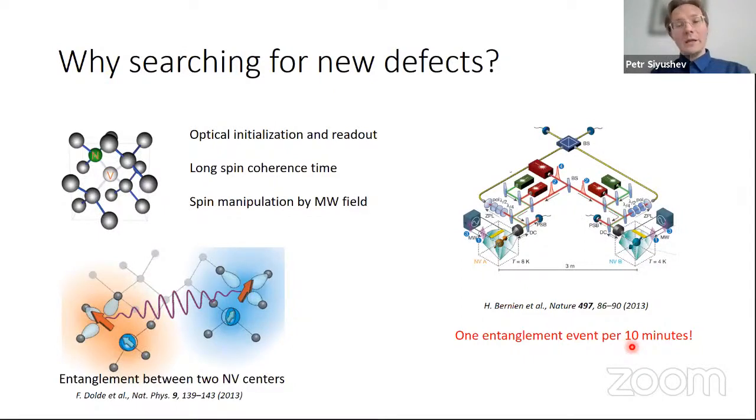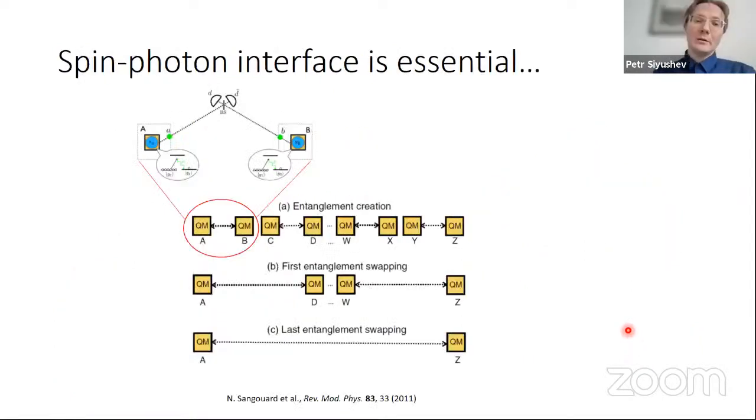Okay, from here we know that if we want to make a large scalable quantum network, we need an extremely good spin-photon interface for each node, and also a long-lasting quantum memory to write the spin state while providing the entanglement between each pair of nodes, and then by swapping the entanglement you can distribute your entanglement from node A to Z. And actually the NV center is not so suitable for this.